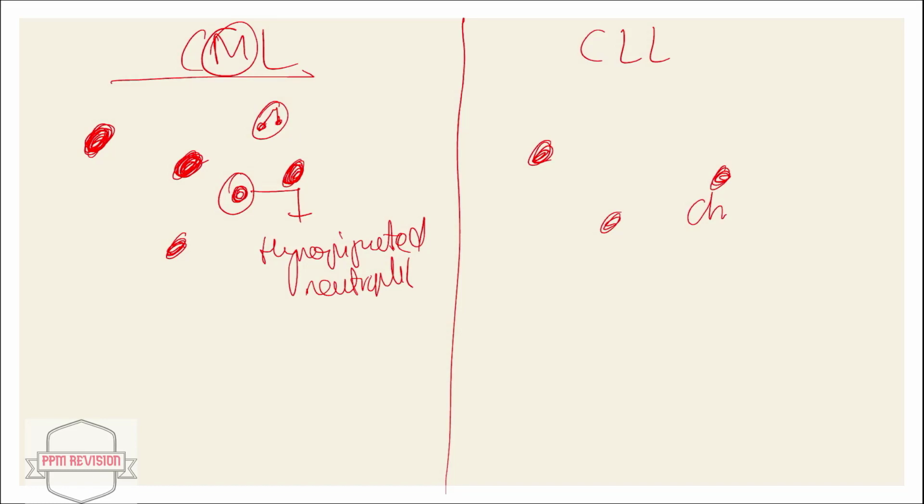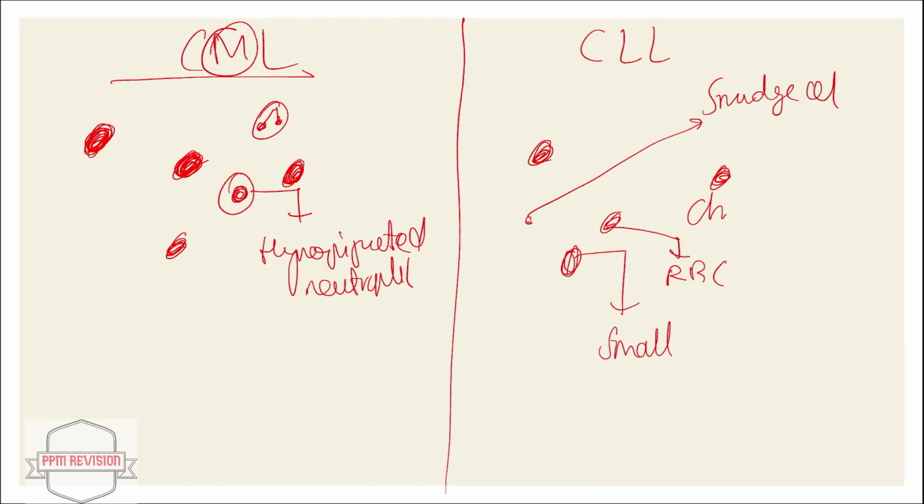Then moving on with CLL, chronic lymphocytic leukemia. In the CLL we'll be looking at the structure. Here there's RBC. There's presence of smudge cell as well, and there's also presence of small lymphocyte.